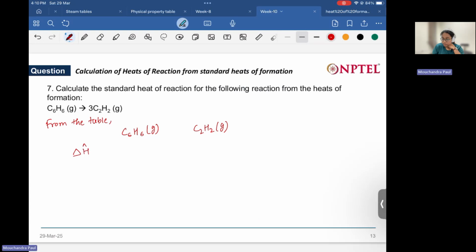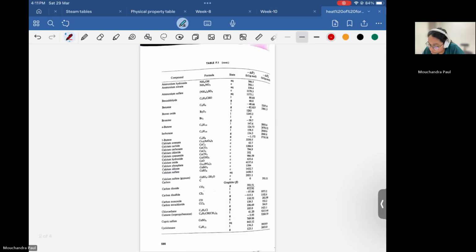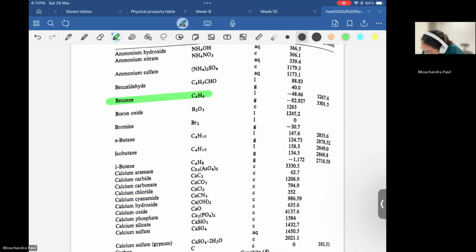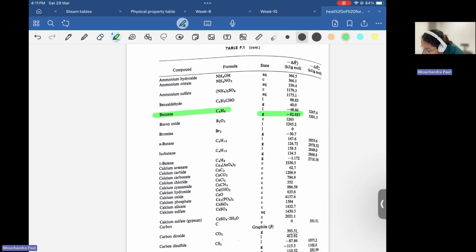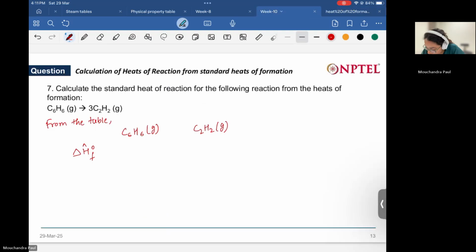The heat of formation of C6H6, which is benzene in gaseous state, is plus 82.927. Again, the unit is kilojoule per gram mole.